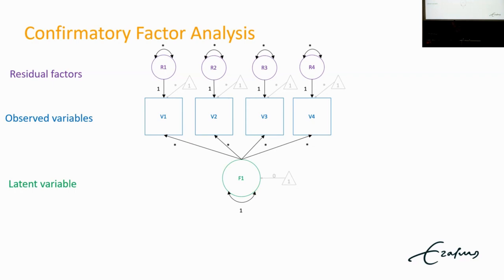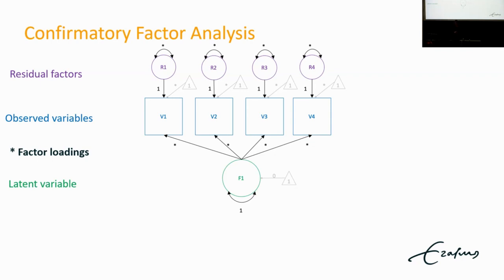And now we also have all kinds of paths with either numbers or stars already connected to them. Let's first have a look at the black lines over here. Those are called factor loadings. Those link the latent variable with the observed variables. The direction goes from the latent variable because we assume that our underlying depression levels, our symptoms of depression, causally influence how I respond to this guilty item, right?